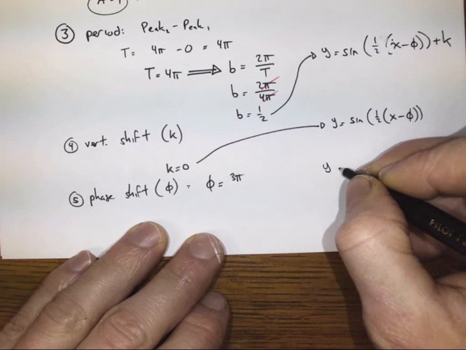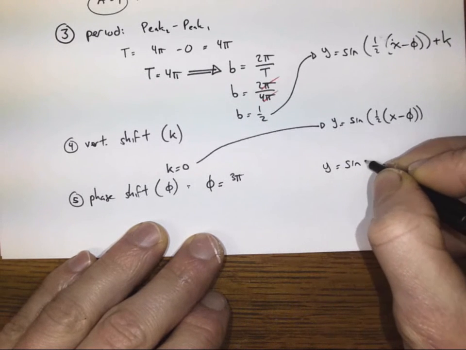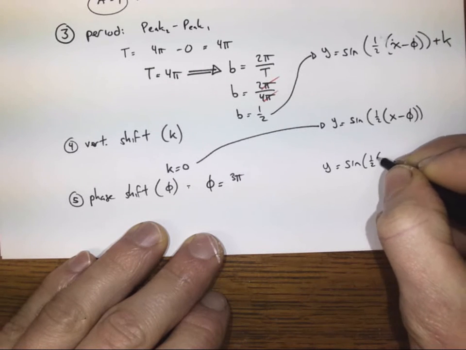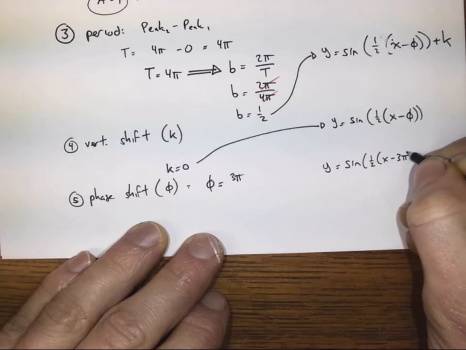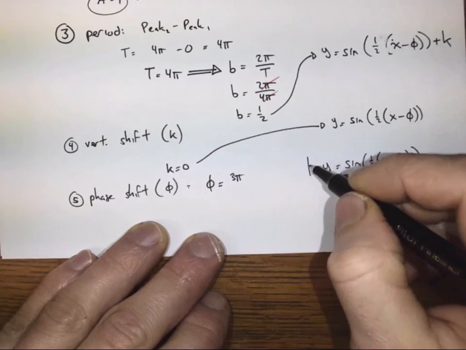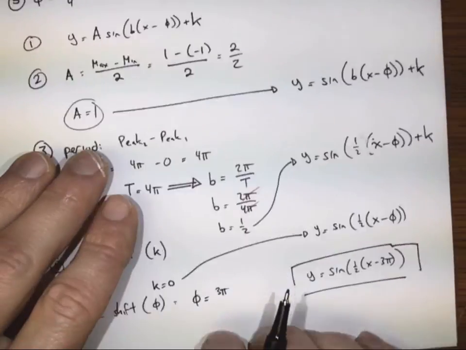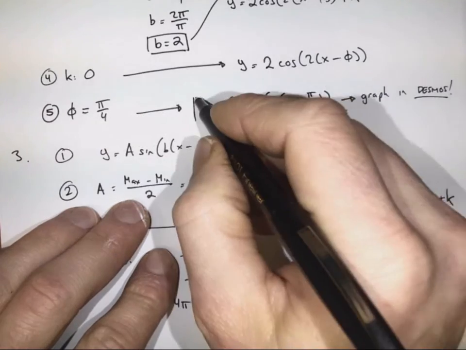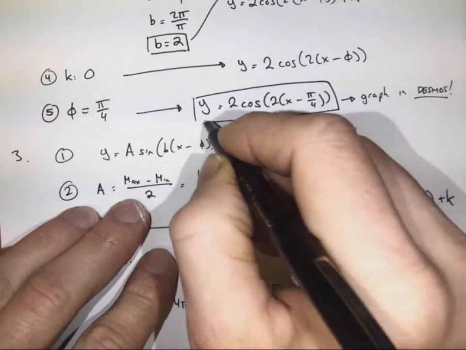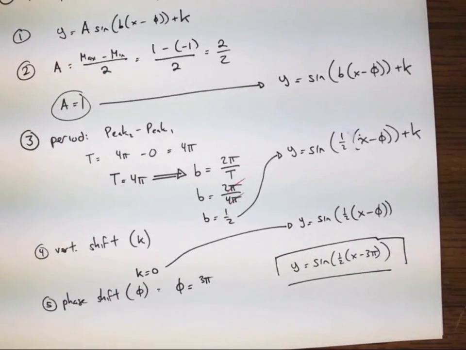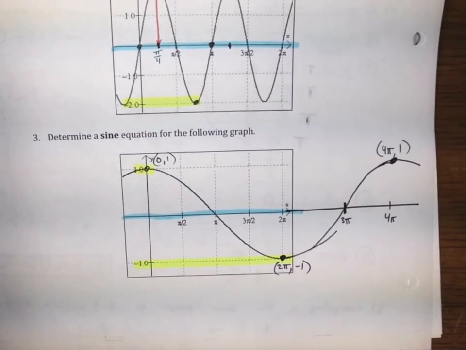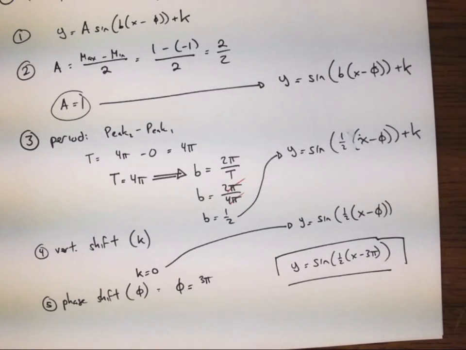So the whole function could be written as y equals sine of 1/2 of (x minus 3 pi). That is our final answer. Now again, you can graph this in Desmos, so take a look at it. Make sure you've graphed the same curve you've represented in this picture. All right, well, good luck with those, and let me know if you have any questions.